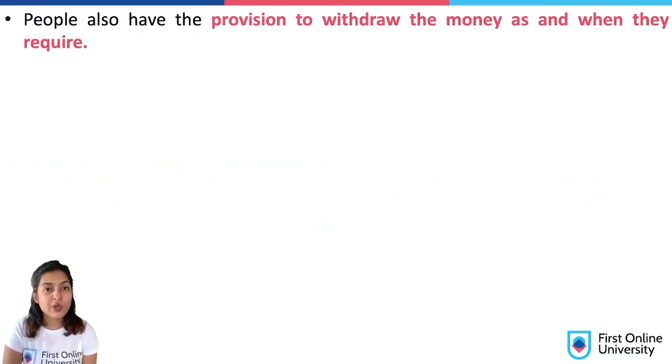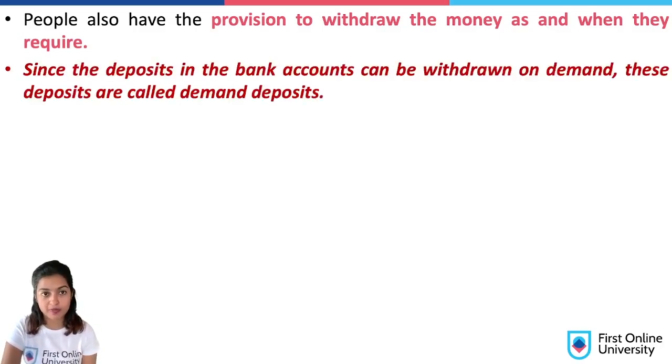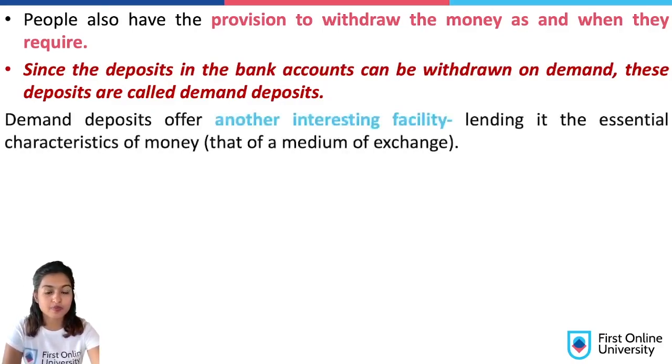People also have the provision to withdraw the money as and when they require. Suppose an emergency comes up, or you need the cash that you've deposited at the bank immediately, you have the provision to withdraw that. Since the deposits in the bank accounts can be withdrawn on demand, these deposits are hence called demand deposits.